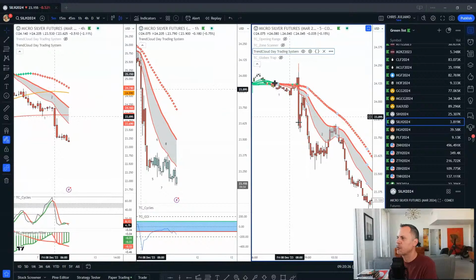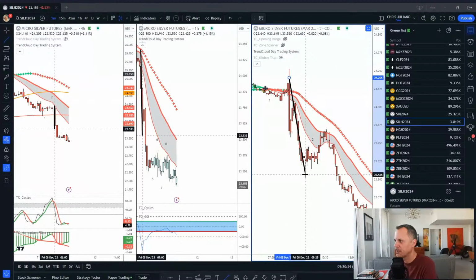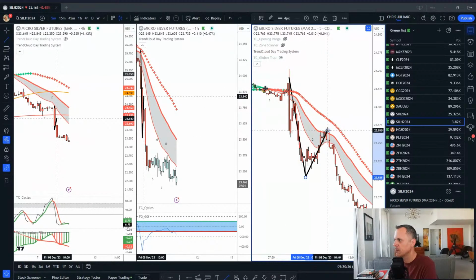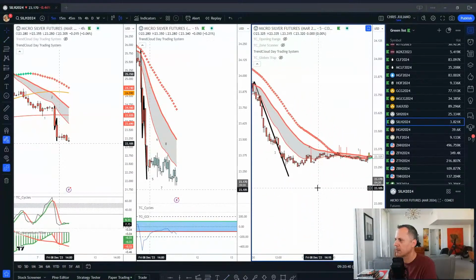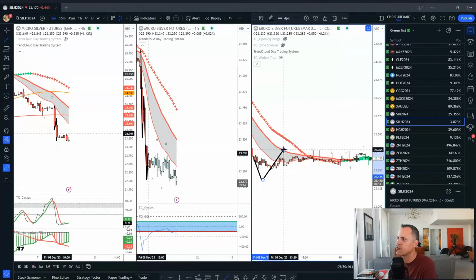So what this did was it counted this whole line here as 1, 2, 3, and pull back, 4, and then it just went sideways.